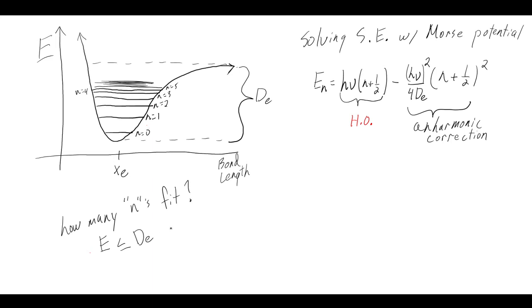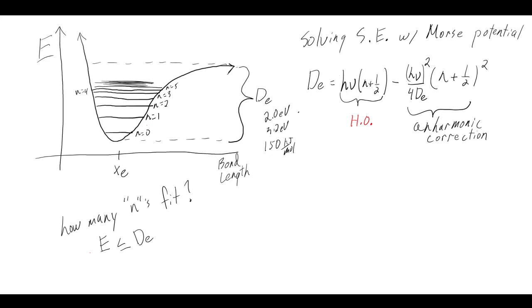So if you want to know how many n's fit in this particular Morse potential with this depth D sub e, the thing you do is instead of calling this energy, you just call this dissociation energy. Whatever it is here, 2 eV or something, 3.2 eV, 150 kilojoules per mole, whatever your favorite unit is. Make sure the units you're using here for the vibrational frequency and Planck's constant align.